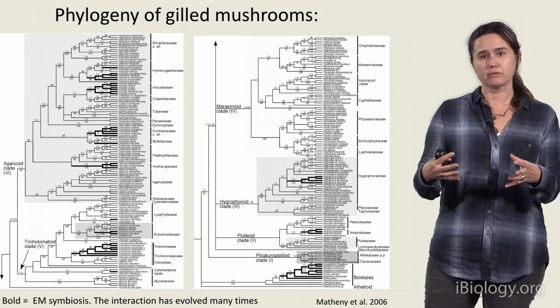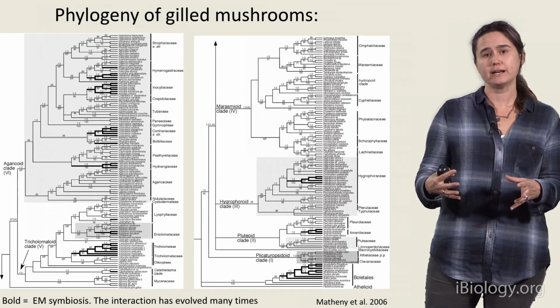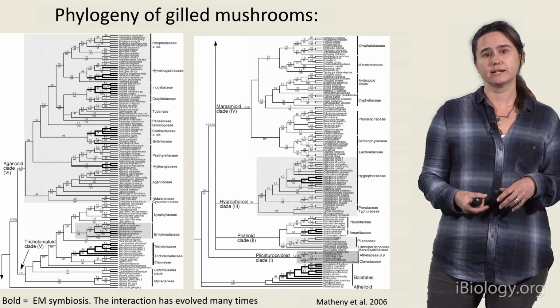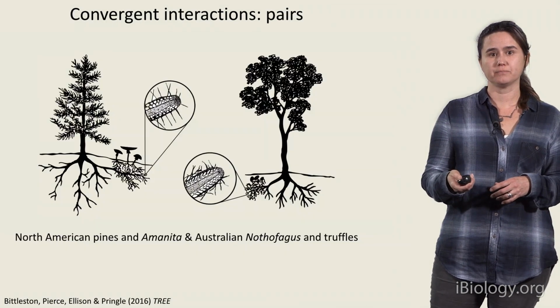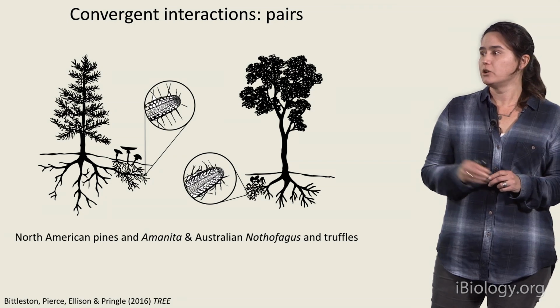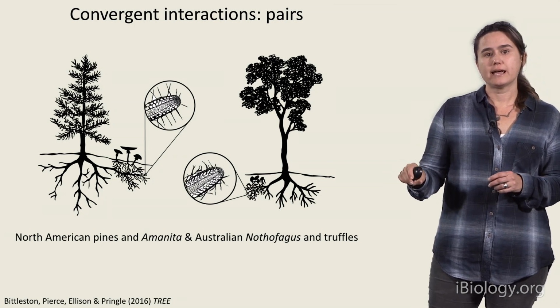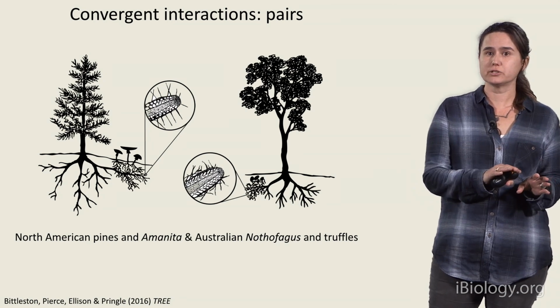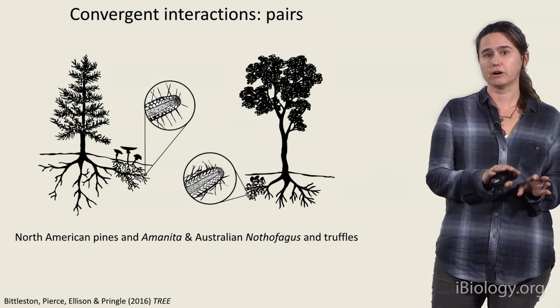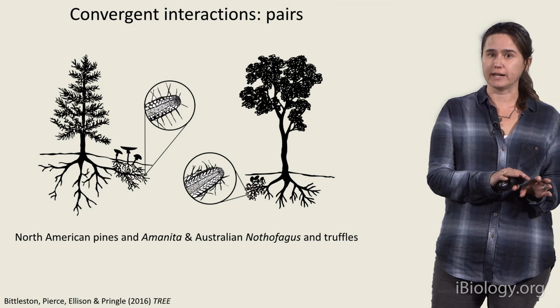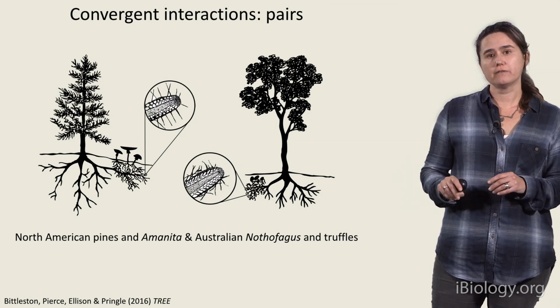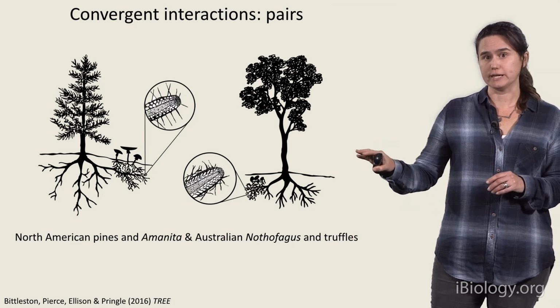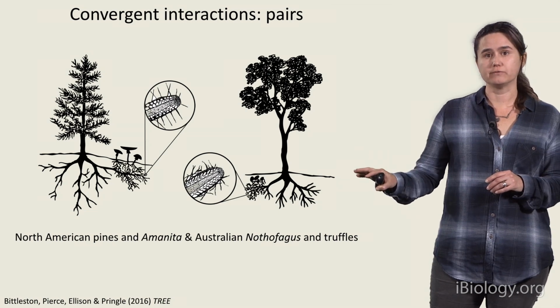The interaction itself has evolved repeatedly in nature with this characteristic diagnostic morphology. So, for example, North American pines and mushrooms in the genus Amanita evolved the mycorrhizal association with that characteristic Hartig net independently of the evolution of Australian Nothofagus trees and Australian truffles.